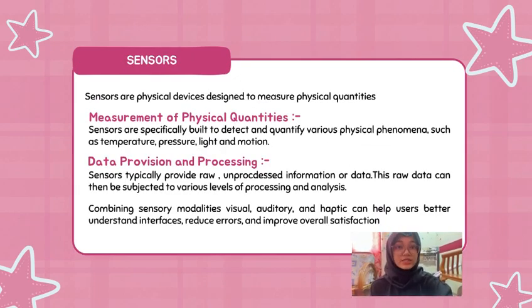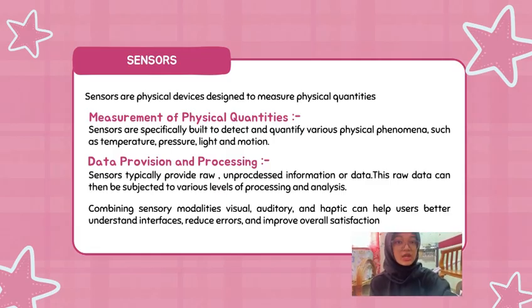And the last one is sensors. Sensors are physical devices designed to measure physical quantities. Sensors are specifically built to detect and quantify various physical phenomena such as temperature, pressure, light, and motion. Data provision and processing: sensors typically provide raw, unprocessed data.